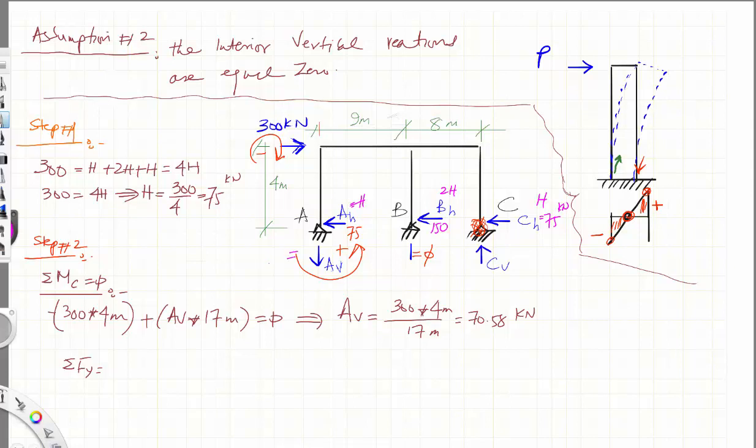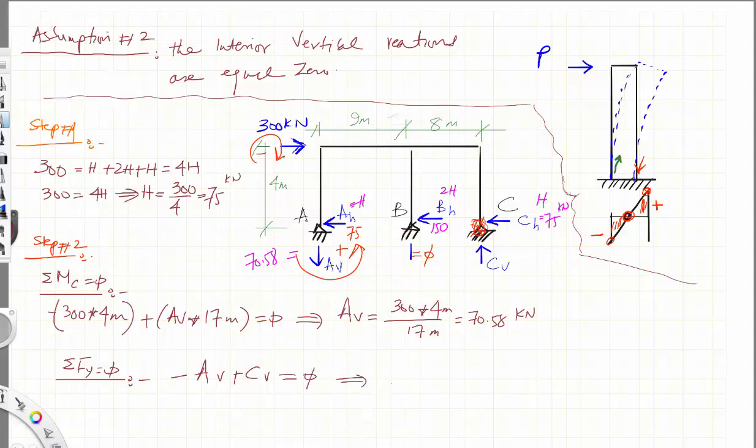So we move on to sum of all forces in y direction, because now we calculated this value. This is equal to 70.58. So I'll apply the sum of all forces in y direction equal to 0 to get this value. I have minus AV plus CV, and of course the value of BV is 0, so I don't need to mention this, is equal to 0.